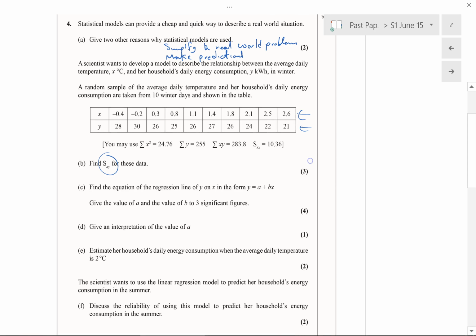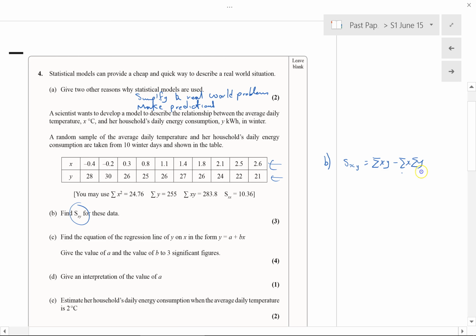So let's just write it out. Let's put my answers here on the right hand side. SXY, as stated in the formula there, is sigma xy minus sigma x sigma y, divided by n.